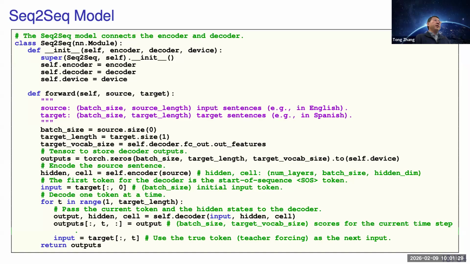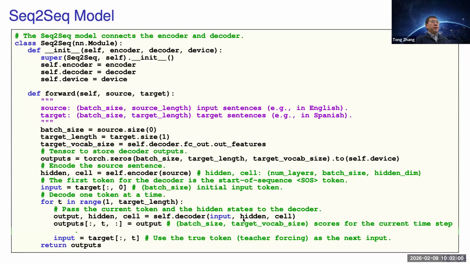If you're more familiar with prompts and responses, you can say this is the prompt and this is the response. The encoder takes the source, and all it does is take the source and output your hidden cells. And the decoder just keeps running for the target length.